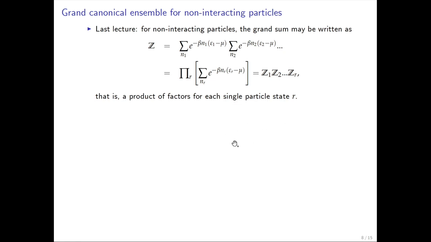So in the end, for non-interacting particles, the grand sum is basically the product of these factors: the number of particles in state 1 having energy epsilon 1, number of particles in state 2 having energy epsilon 2, and so forth. So the grand sum for non-interacting particles is a bit simpler. It's just a product of these different factors up to R energy levels.